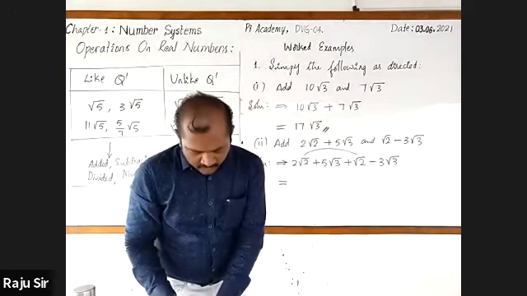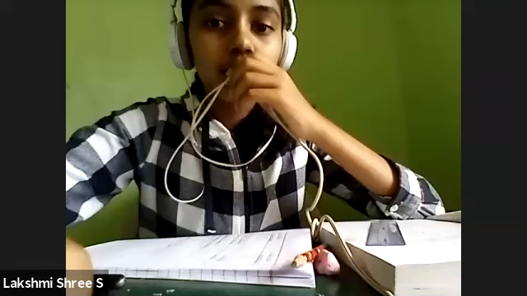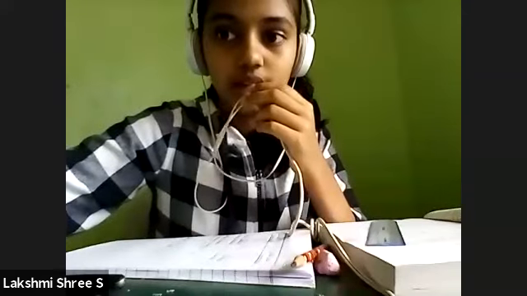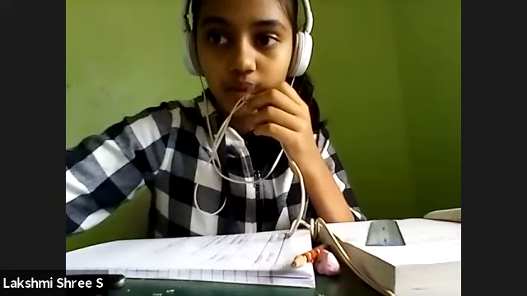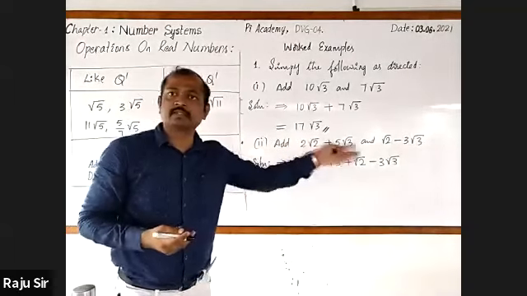Next, Lakshmi Shri. Now, next 5 root 3 and 3 root 3. Here the order is 2, and the radicand is 3. Order is same, radicands are also same.